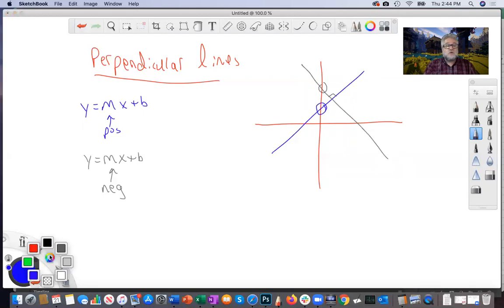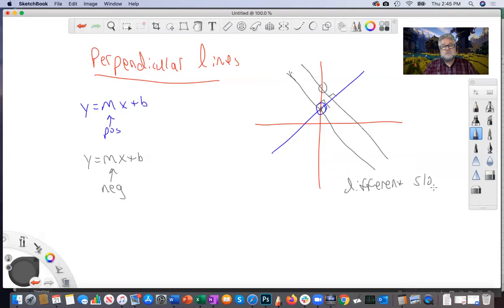Well, I could have drawn this line, let me see if I can do it, here, and it's still perpendicular. They could have the same y-intercept. That's okay. They have different slopes. Different slopes. And in fact, there's a very specific relationship between the slopes.